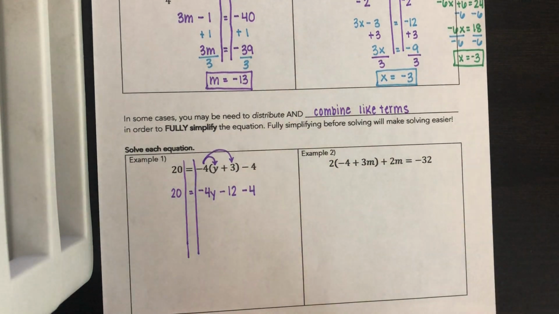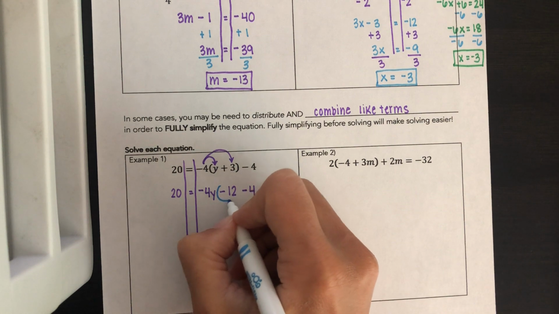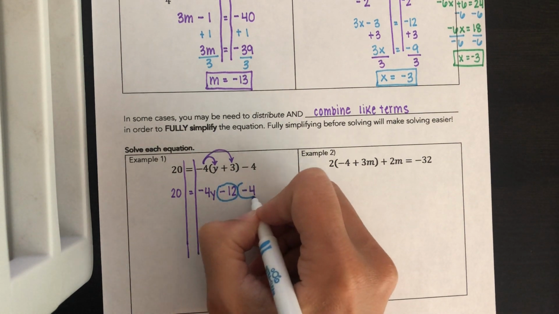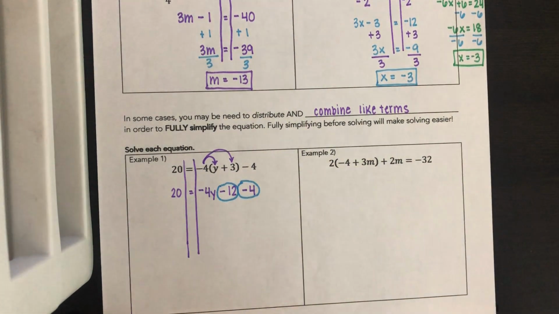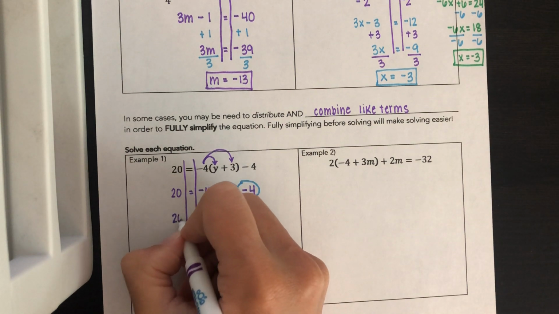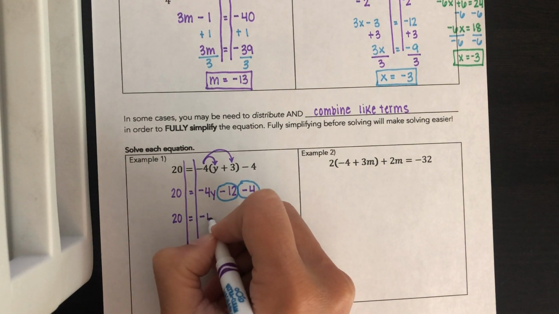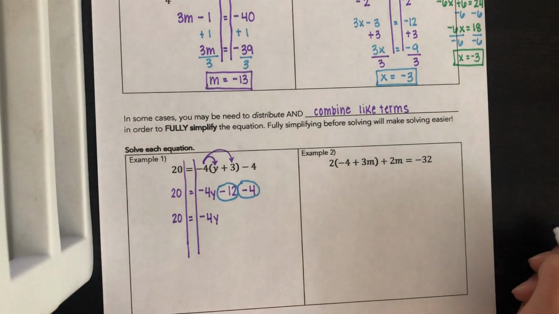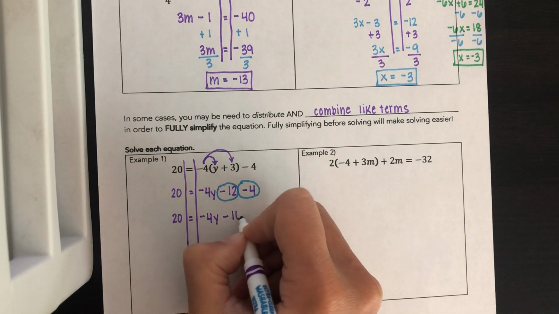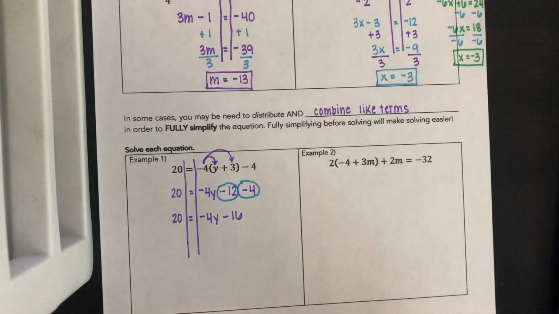Now that we're here, we can still see that we have some like terms. And I'm going to identify those like terms and combine them before I actually go through and solve. So 20 is equal to -4y, and -12 minus 4 is -16. And now I have a two-step equation that I know how to solve.